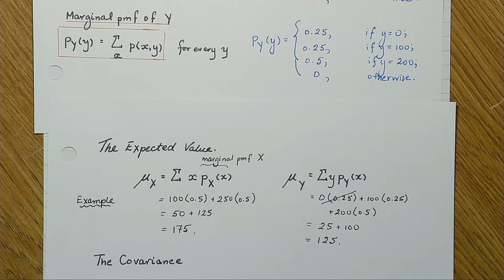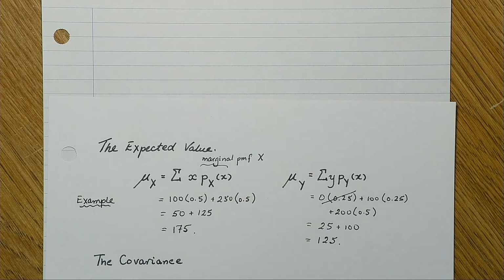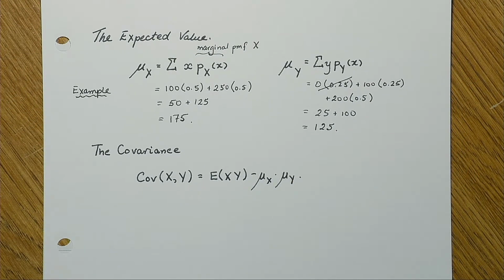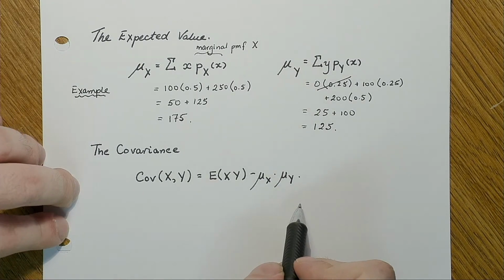And instead of just a variance, when we have two random variables, we have what's called the covariance. Now, this is one way that you can do it. You can use this formula.